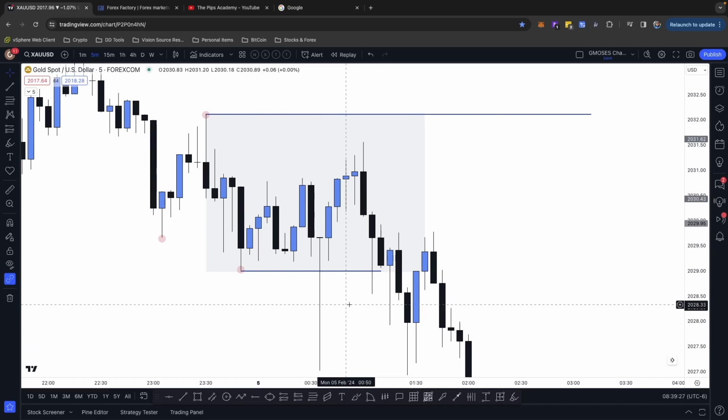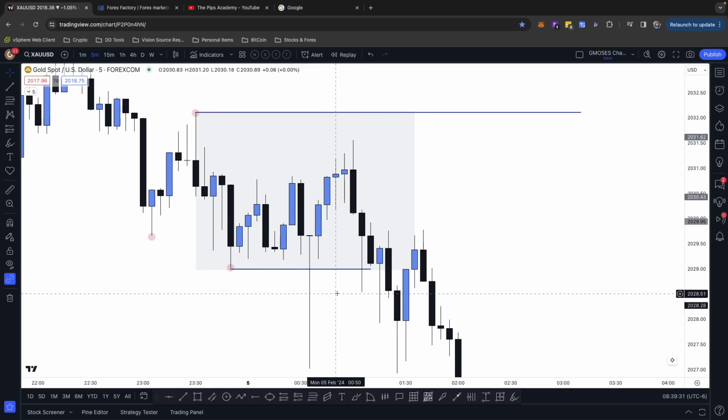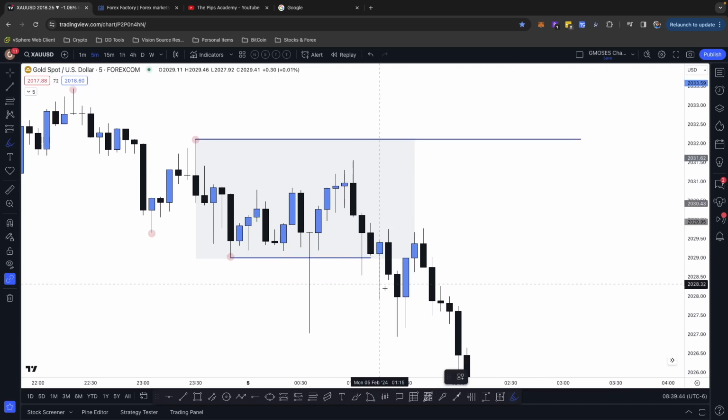These are not structural points. This is our structure here. From here, we can see that price impulsed to another high, which establishes our high, and then price came all the way down and established another low.